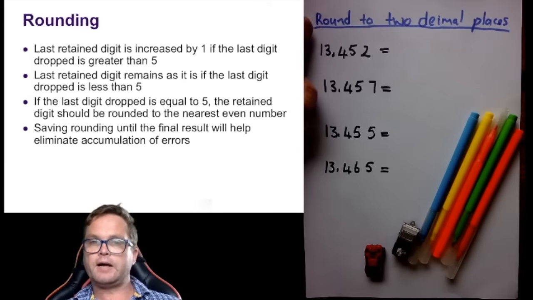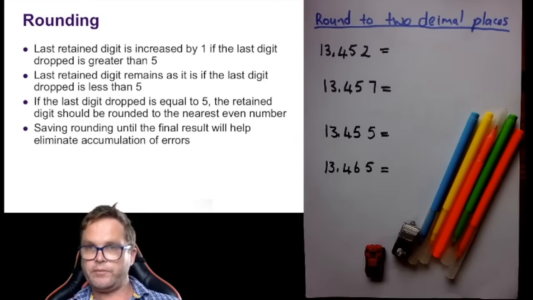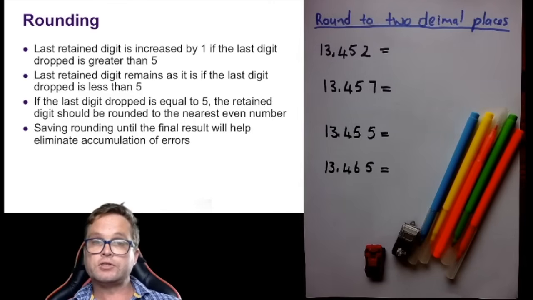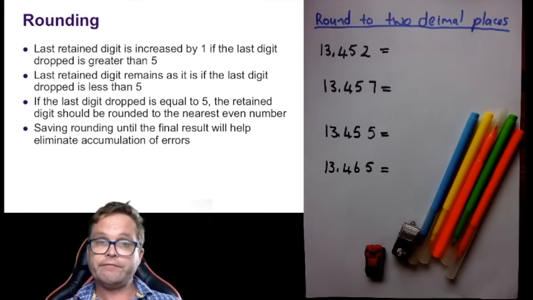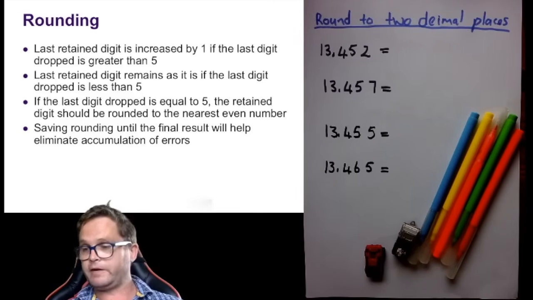Finally, to finish off our chapter, we're going to look at the rules for rounding. The last digit retained is increased by 1 if the last digit to be dropped is greater than 5. The last digit remains as it is if the last digit dropped is less than 5. So, the first 2 points are: if the digit to be dropped is greater than 5, we round off up, whereas if it's less than 5, we leave it as it is.